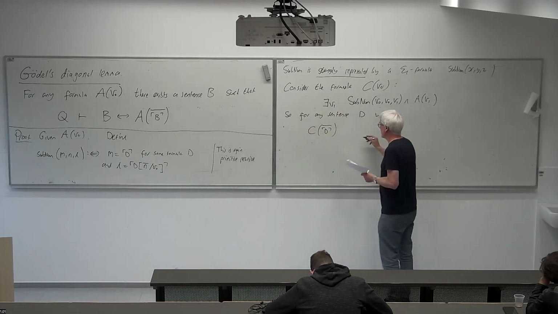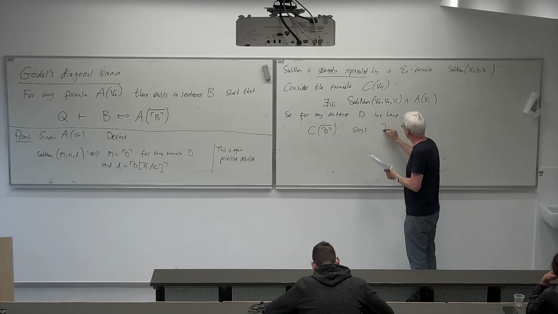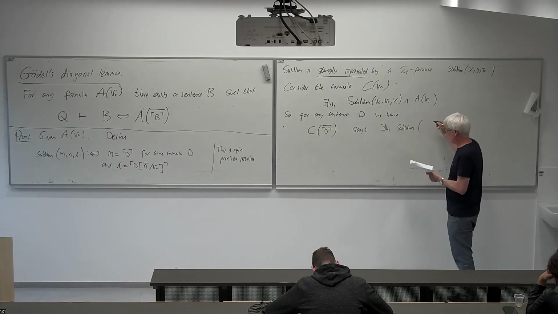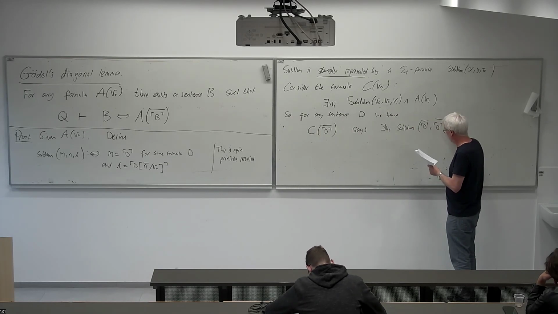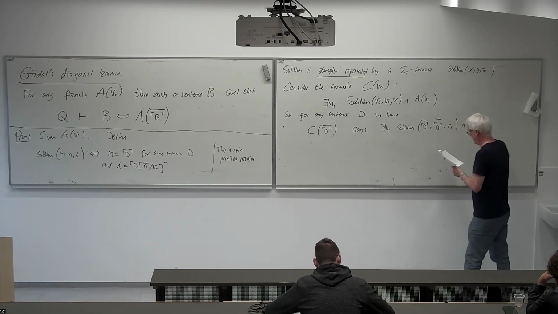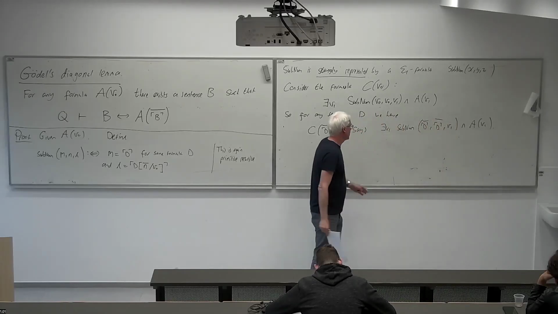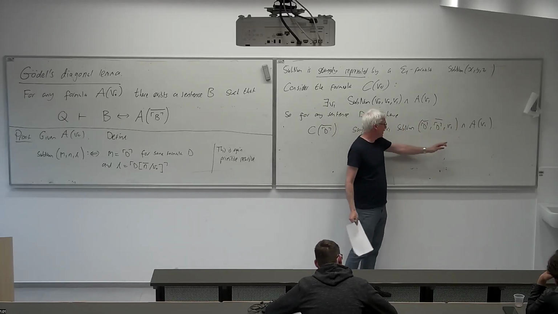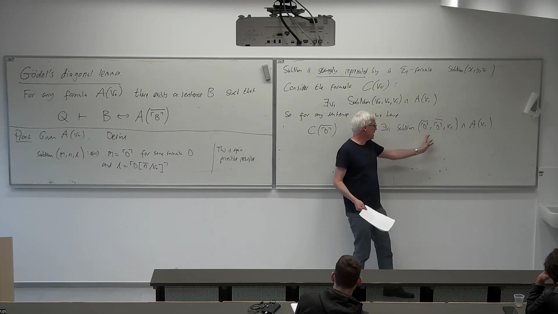So C with D substituted says that there exists a v1 such that sub-num of D, D, v1 and A holds for v1. Now, because sub-num is basically a function, this is saying that A holds for the formula D with the code substituted.